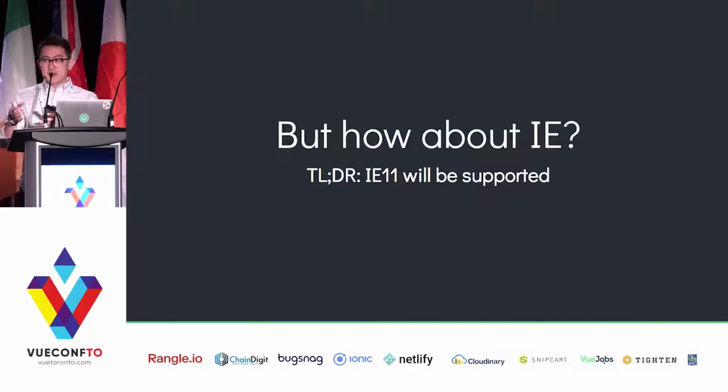So when you do that and you have the support IE flag on, we'll throw a warning telling you, hey, you can't do this if you want to support IE11. Which means you'll be able to support IE11 as long as you're willing to live with some of the existing caveats that Vue 2 has. But it's not going to be worse than today, right?